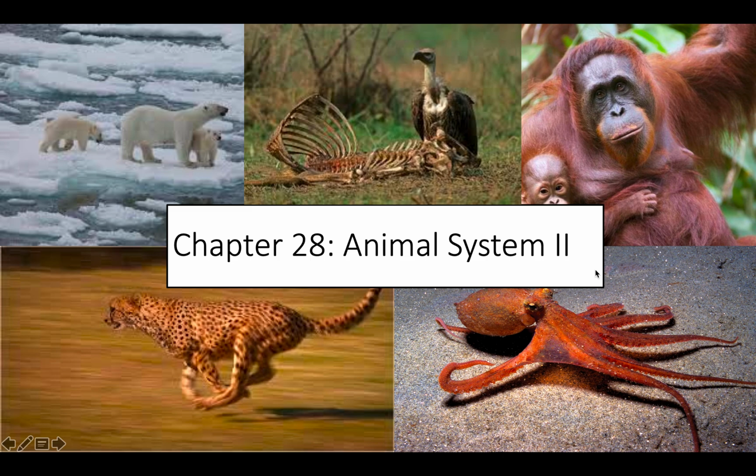I have an octopus there, and also reproduction. So homeostasis and reproduction are kind of the longer sections in this chapter, so those will be a little bit longer, and movement and structure being probably the shortest out of all of those. So let's jump into it.